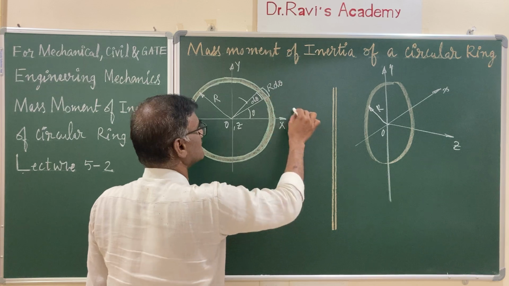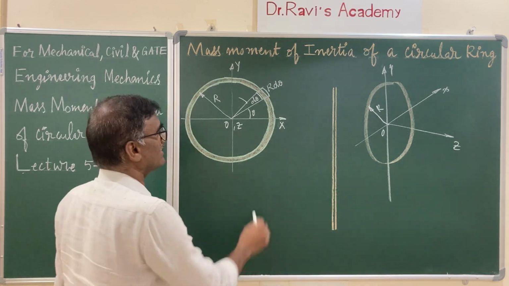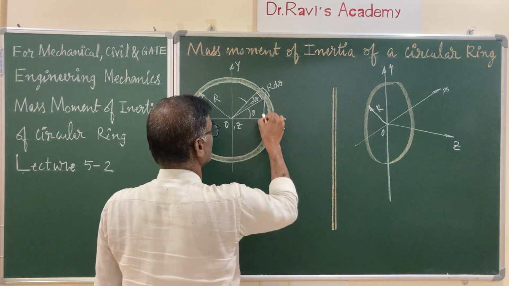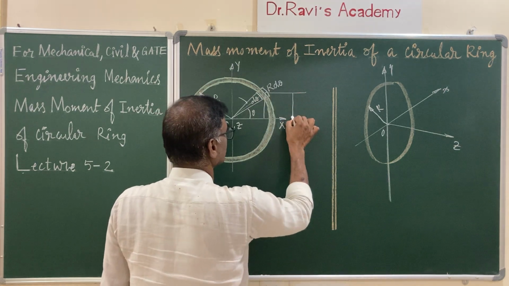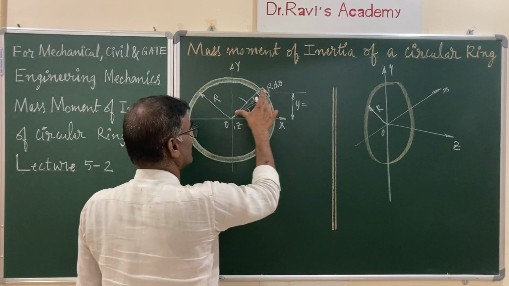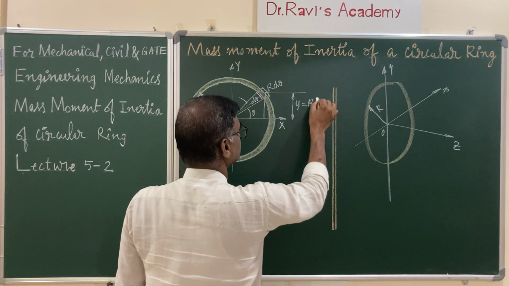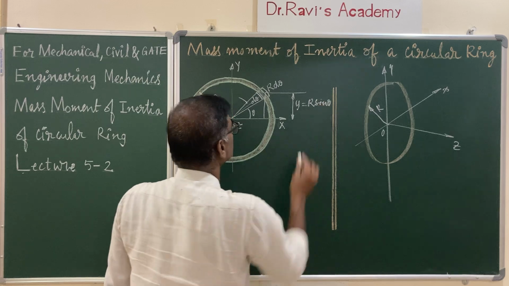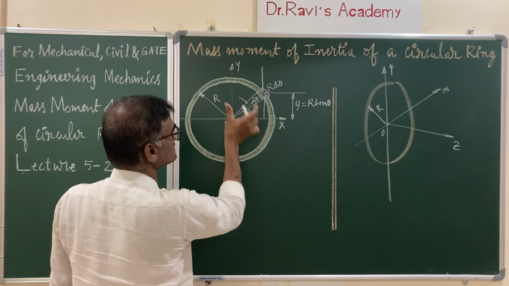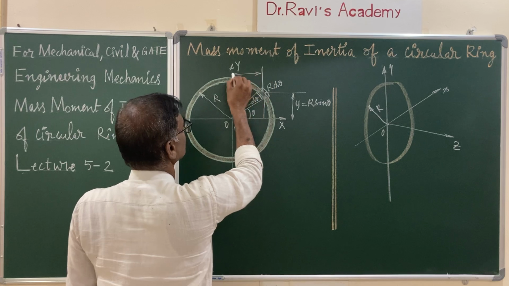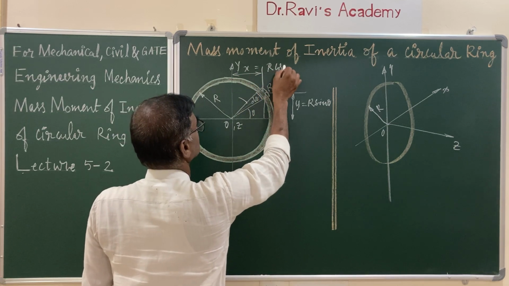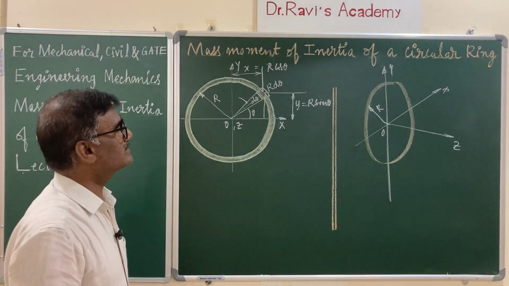Elemental length is r d theta, and from this right triangle, this length, which is y, is equal to r sine theta. Like that, the component of this hypotenuse on this is r cos theta. This length x is equal to r cos theta, right?